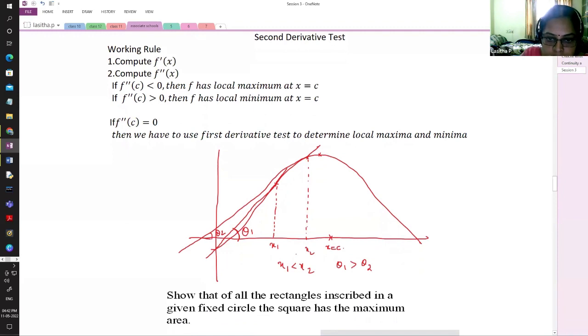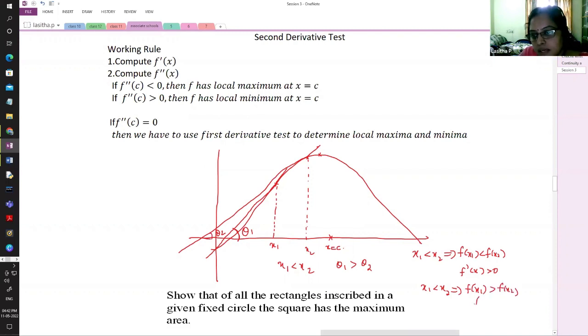So here we can bring in the increasing and decreasing concept. We have learned that x1 lesser than x2 implies f of x1 is lesser than f of x2, then the derivative of f of x will be greater than 0. Whereas if x1 lesser than x2 and f of x1 is greater than f of x2, in that case the first derivative will be lesser than 0.